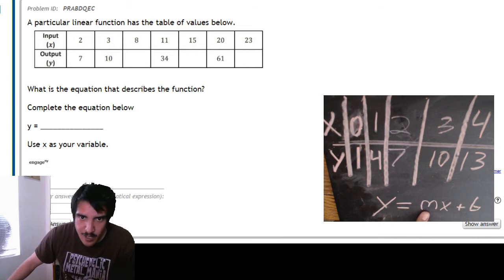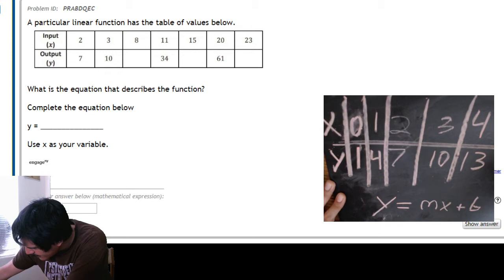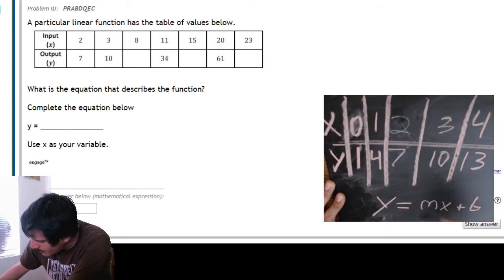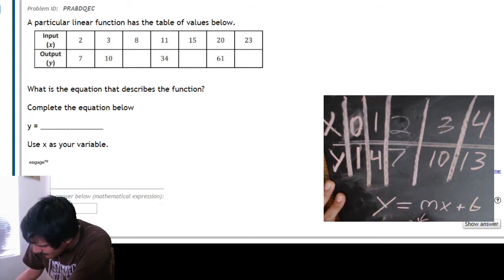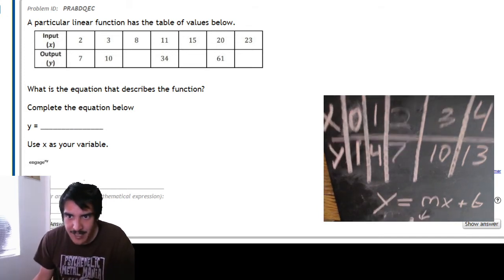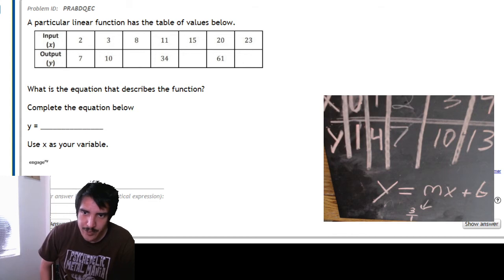Remember, to find the slope, m, you have to do rise over run. We're rising by 3s and we're running by 1s. So I have easily found my slope to be 3 over 1, just from the table.